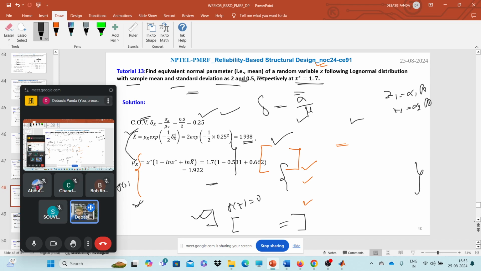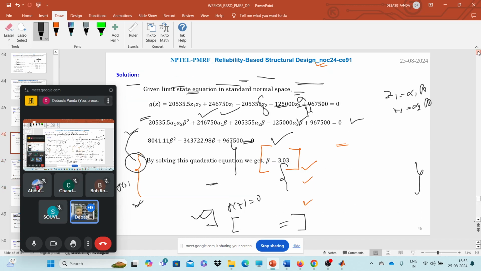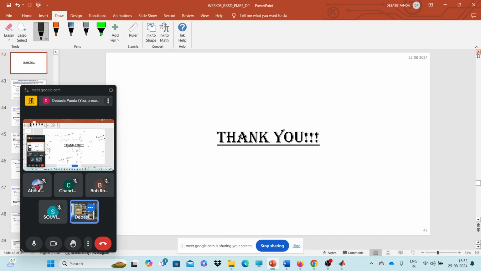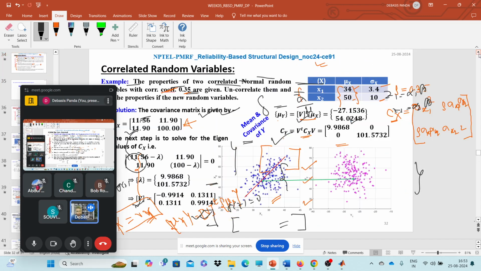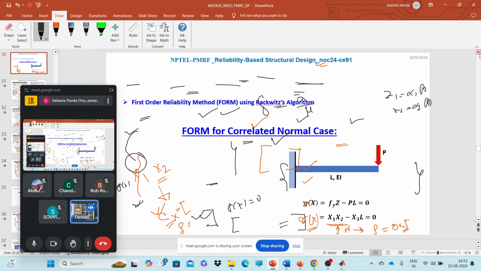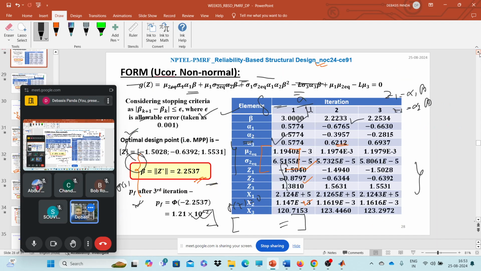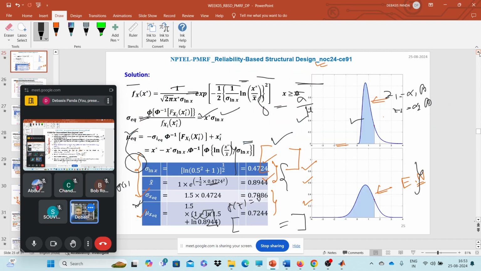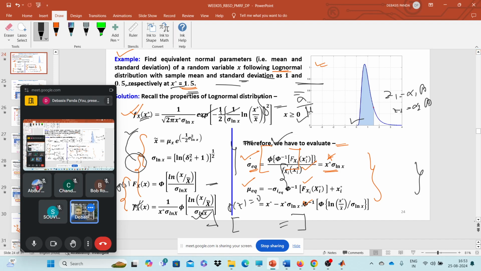Now once we have x tilde, we know the equivalent normal mean, because for the particular log normal case, we have this equation. Look, x minus x star, ln x star, phi of this.